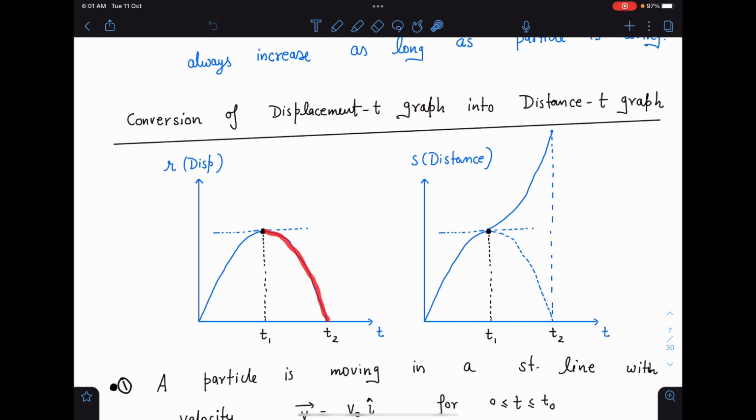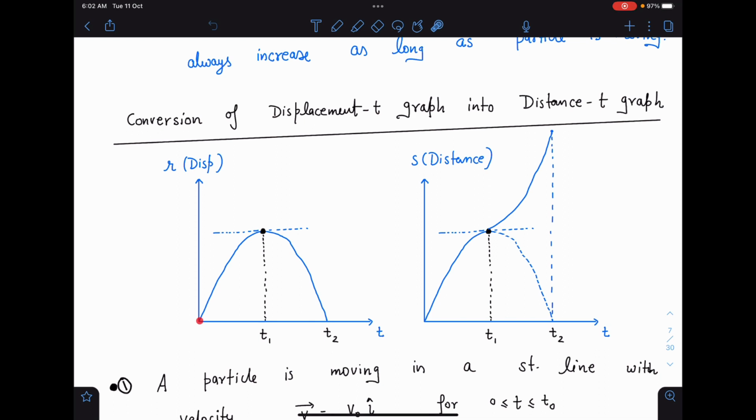Because this is going to tell us about the decreasing displacement, but remember the particle is moving here also and here also it is moving. So the slope of tangent in this part is going to give us velocity and its magnitude will be the speed. So even when the particle is returning, its speed is there. So we must get similar behavior in the displacement-time graph as well as the distance-time graph.